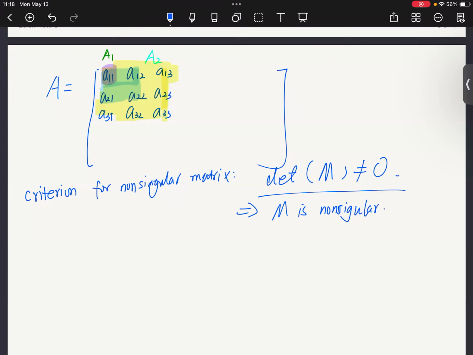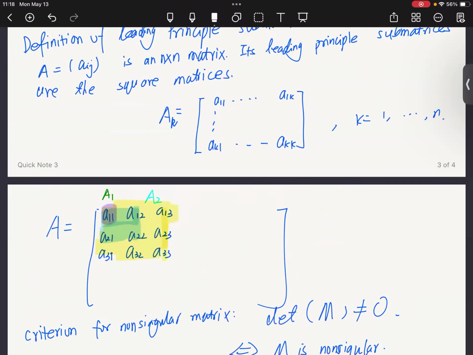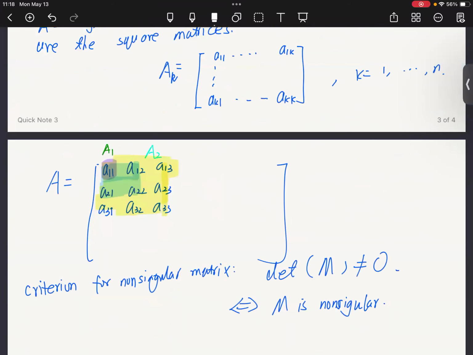Or if M is non-singular, then the determinant of the matrix does not equal 0. This is one criterion for a non-singular matrix. There is another way to decide it, of course. Later on, we will take a look at other criteria to see if the matrix allows the LU factorization, so that we can perform the LU factorization.